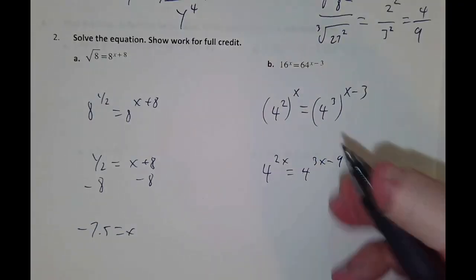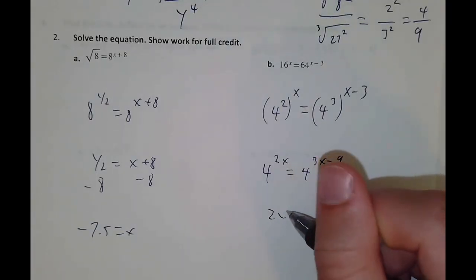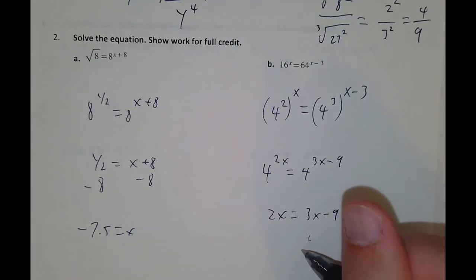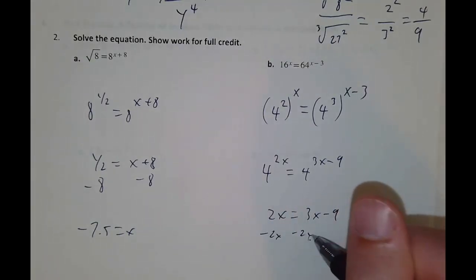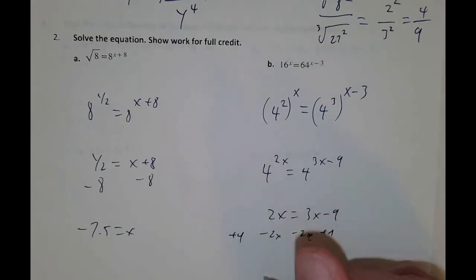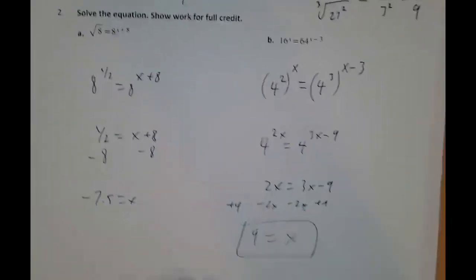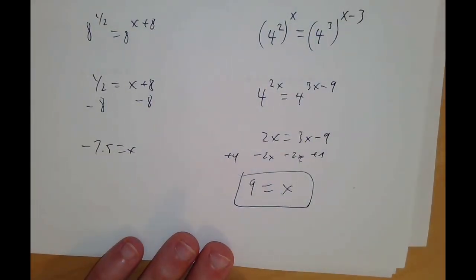Now we can just set those exponents equal to each other. So 2x equals 3x minus 9. Minus 2x, plus 9, plus 9. 9 equals x.